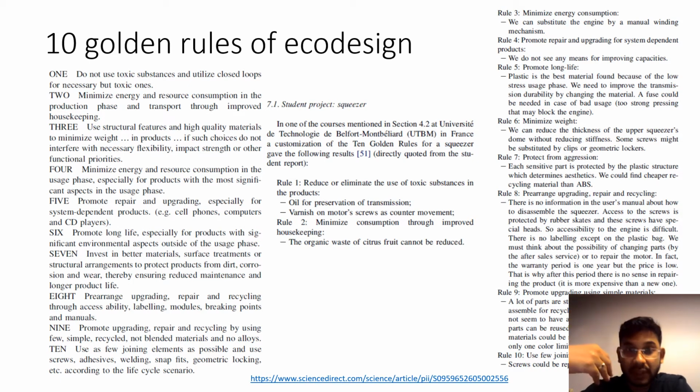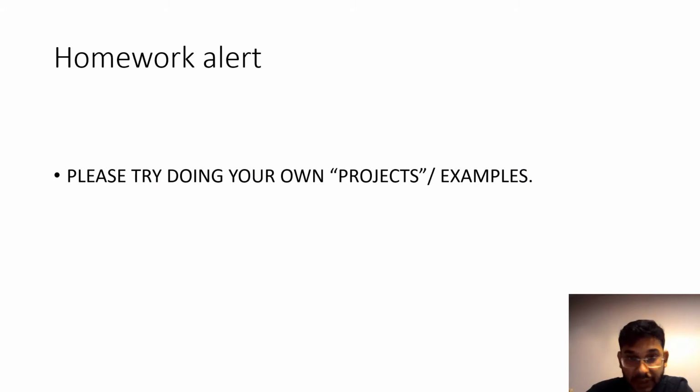And maybe you don't need to find a way to better every rule, but even by using a few of these rules, if you are able to better the performance of a product, it's already great. So do this as an exercise. It would be really illuminating for you. Yes.